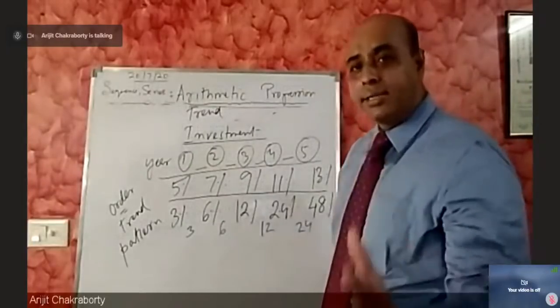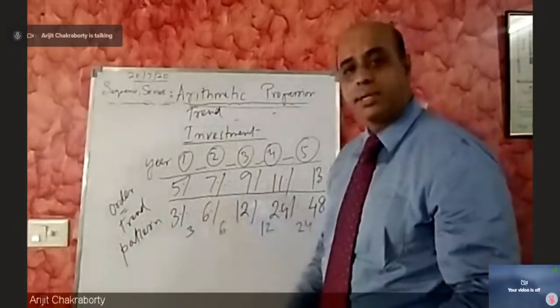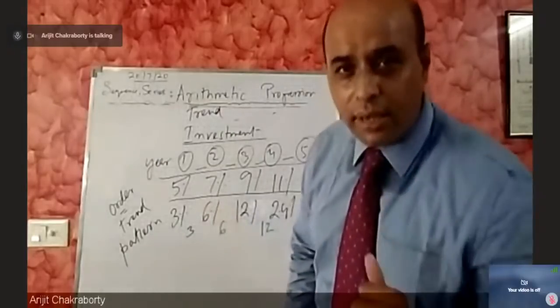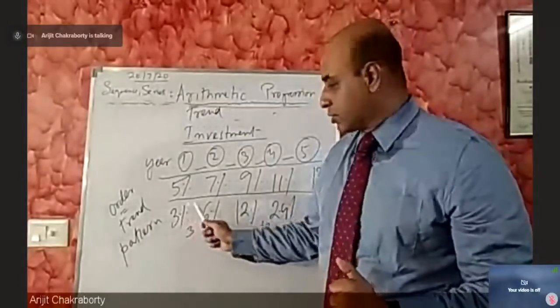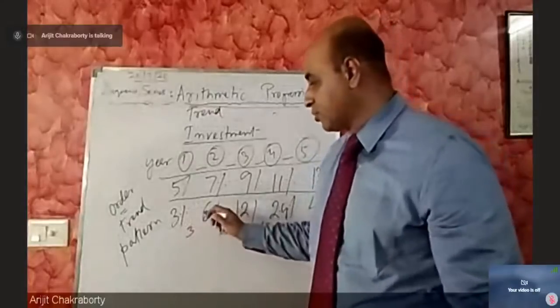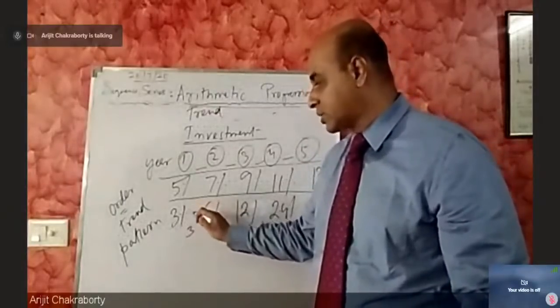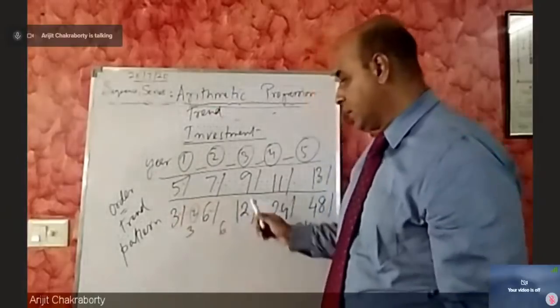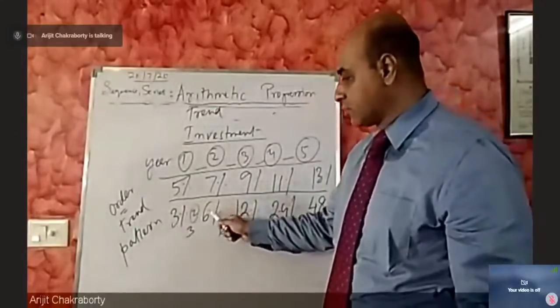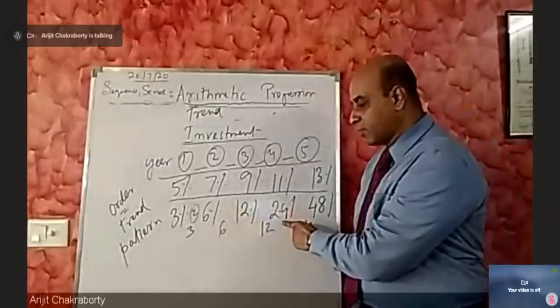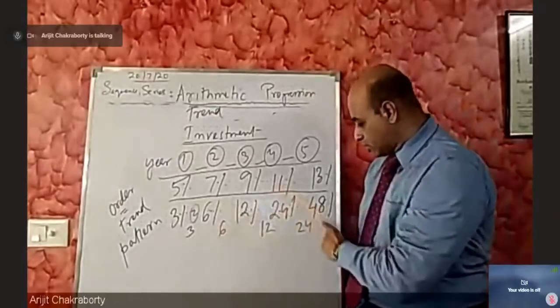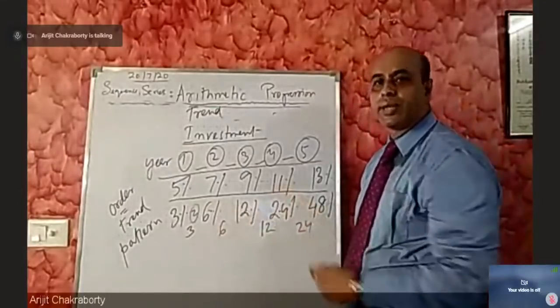And if you look at the sequence here, 6 divided by 3 gives you 2, 12 divided by 6 gives you 2, 24 divided by 12 gives you 2, and 48 divided by 24 gives you 2.